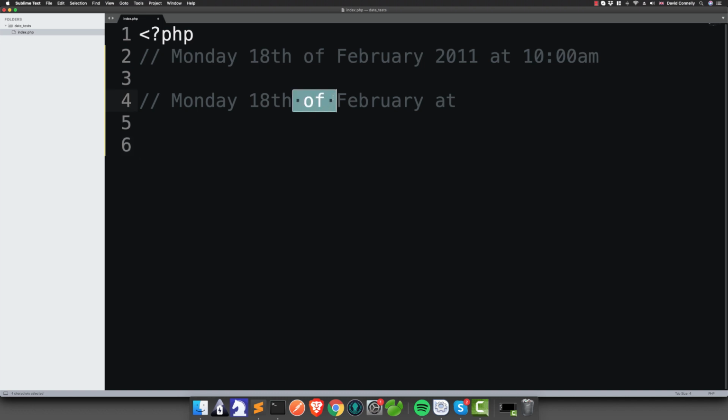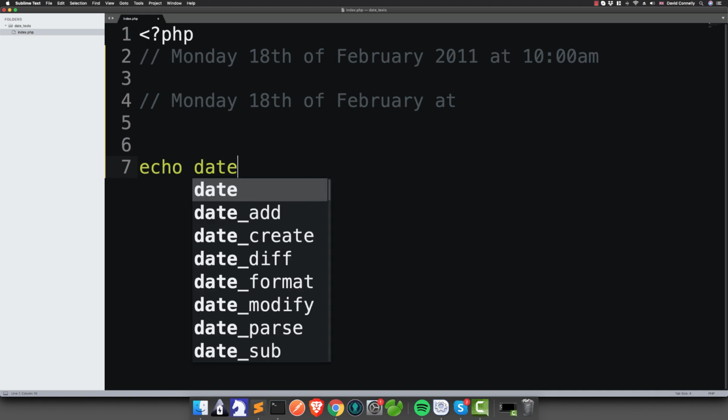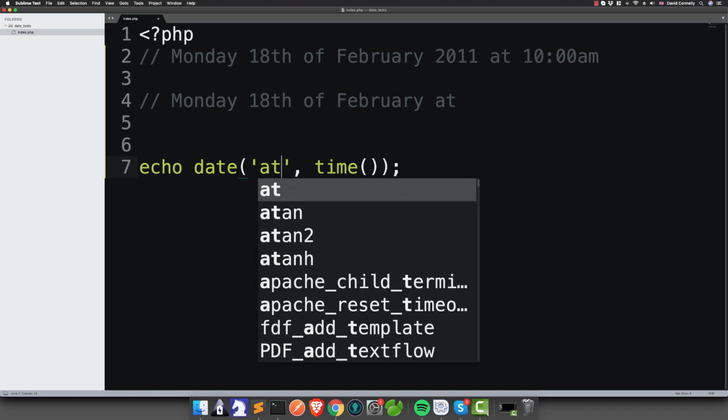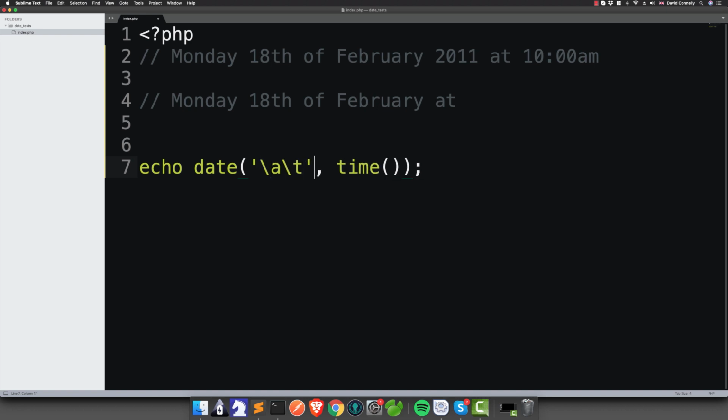I think so. I think the "of" and the "at", because if we go like this, echo date, and I'm just going to say like "of", okay. Well, if I do backslashes here, it's just going to chuck it on the screen. The backslashes are saying to PHP, hey, just put the thing on the screen, don't do anything fancy.